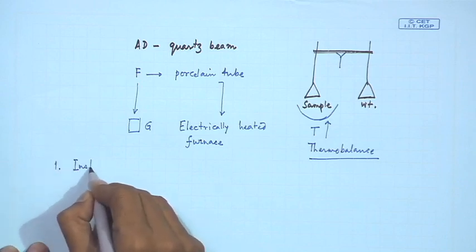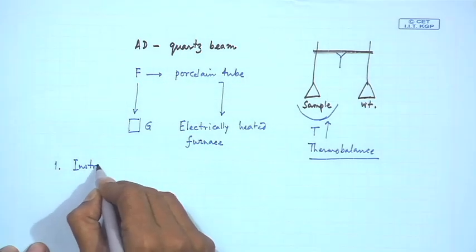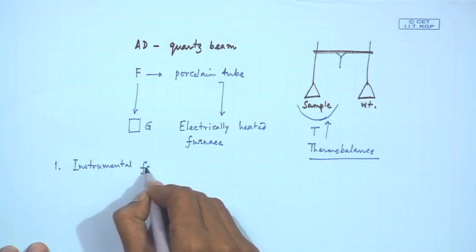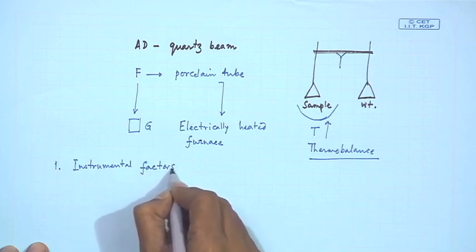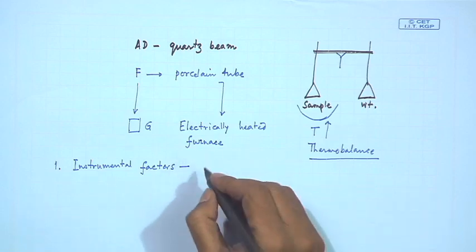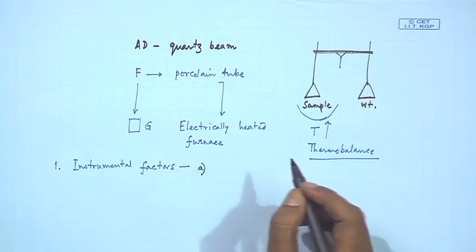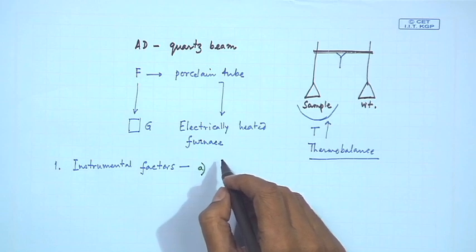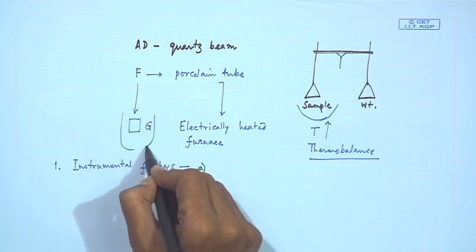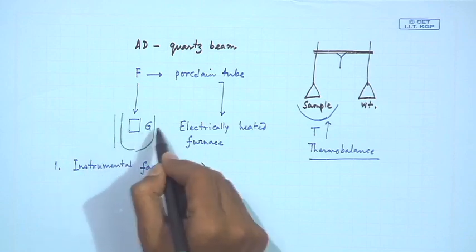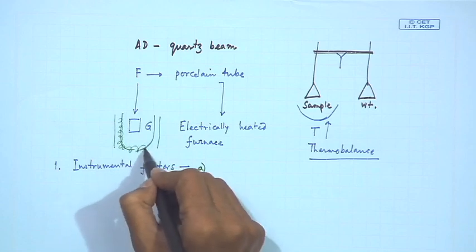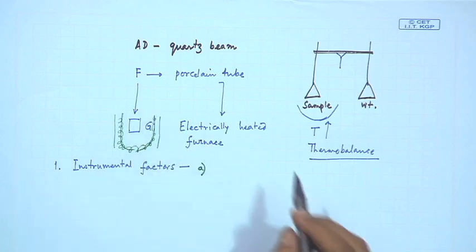Those instrumental factors are very important to understand, because we are handling something where this sample G is kept inside the furnace. In the furnace, as we have just seen, it is electrically coiled for the heating process.